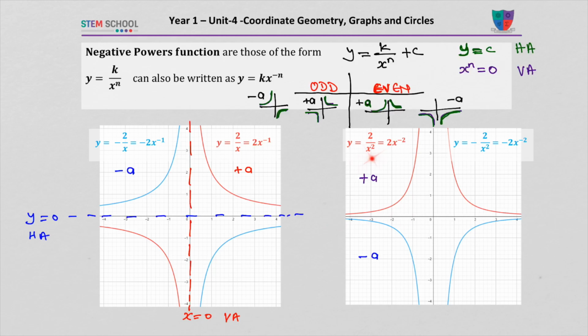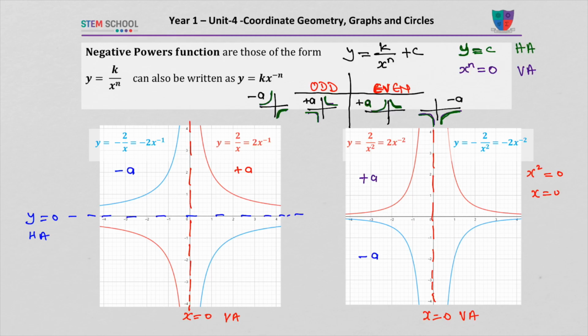Because if you set x squared equal to 0, therefore x equal to 0. So the line of asymptote is x equal to 0 here. So x equal to 0, and that's vertical because it's a vertical line, vertical asymptote.